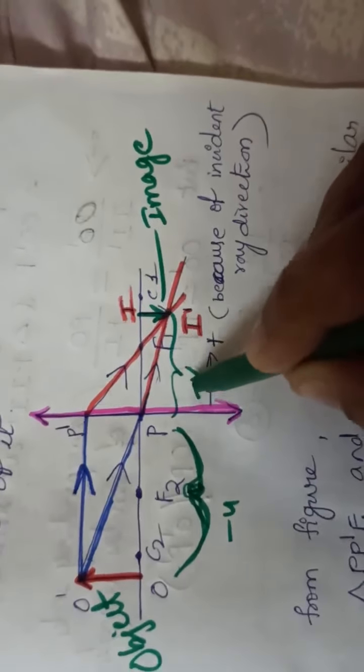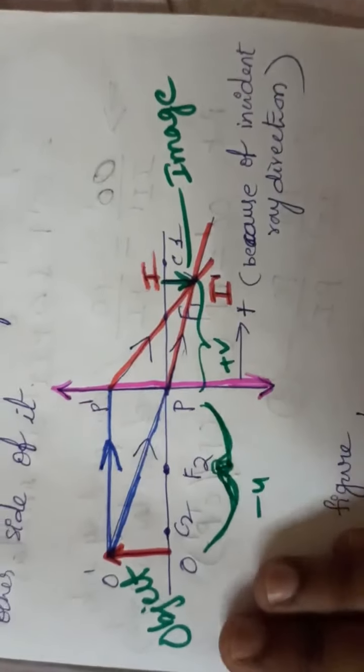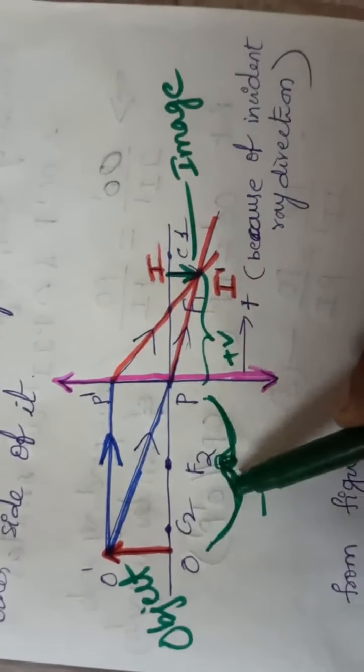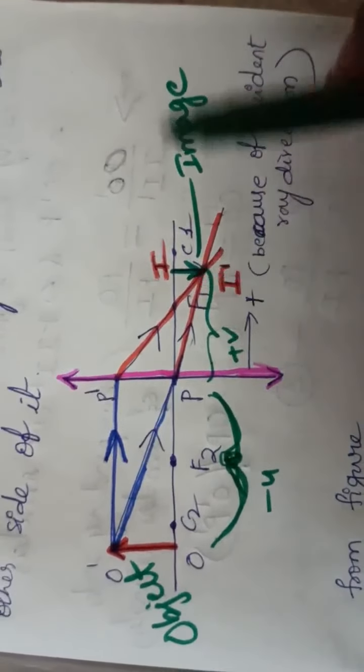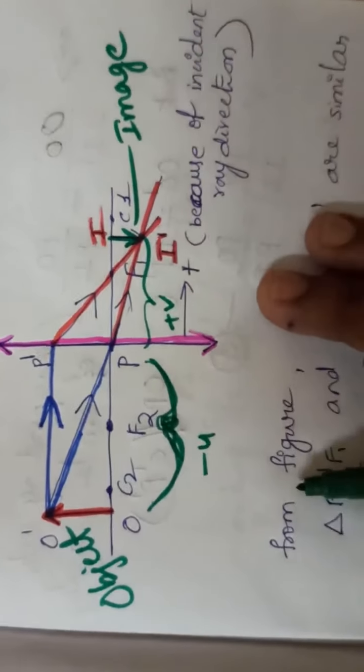PI dash, that is PI, is the image distance, plus V here we are taking. Why plus values here? In the direction of the incident ray these are positive values, and opposite to that the object distance we are going to take as minus.